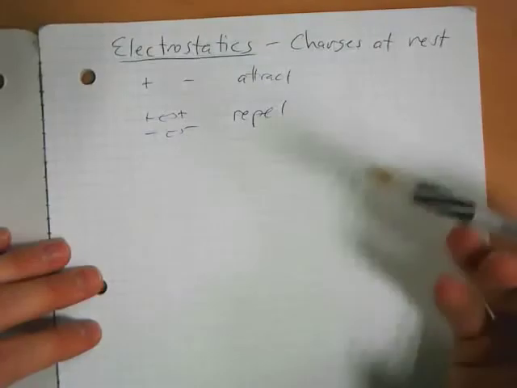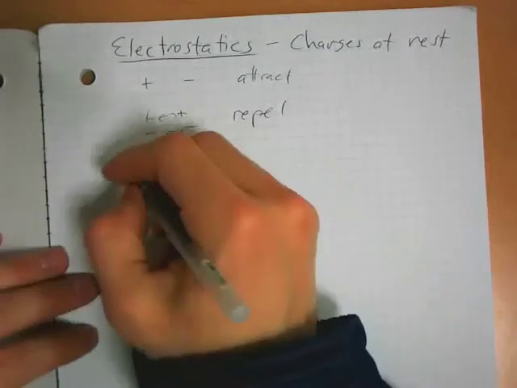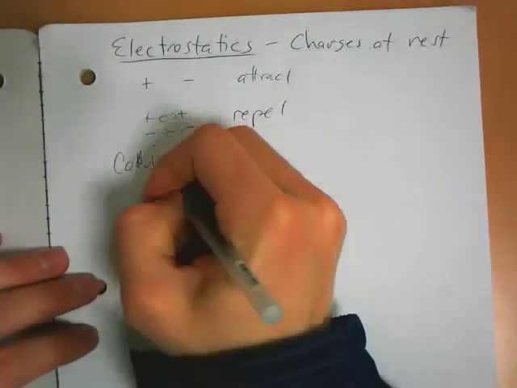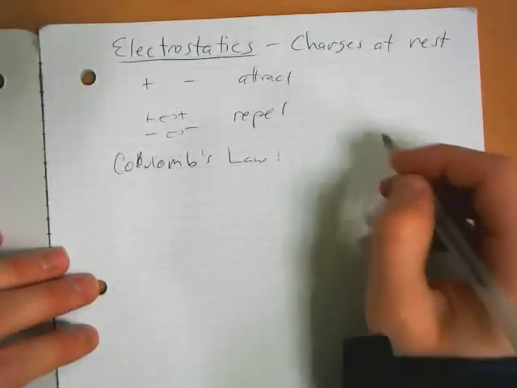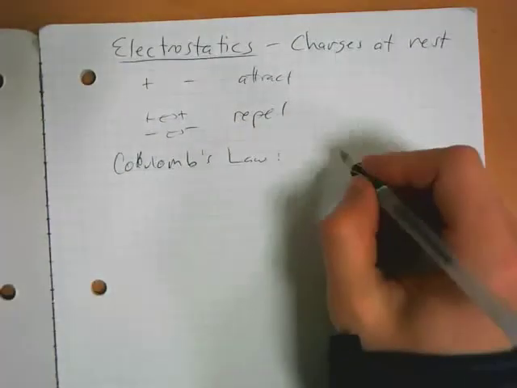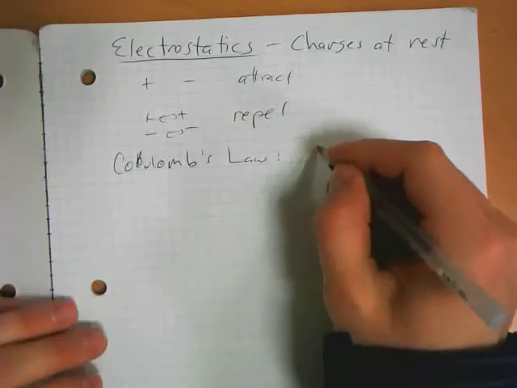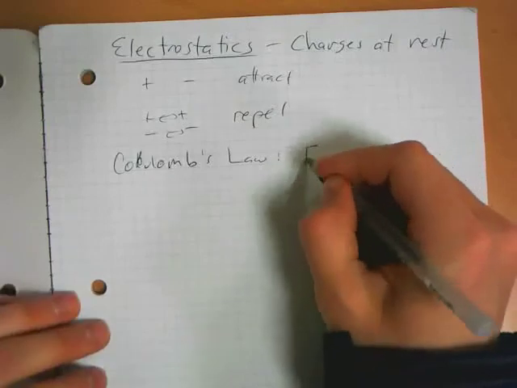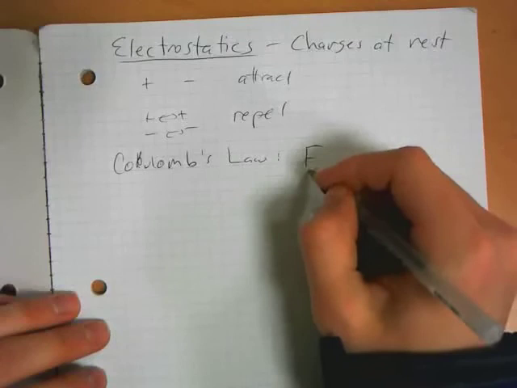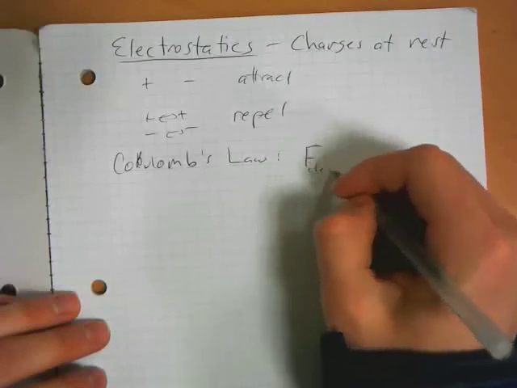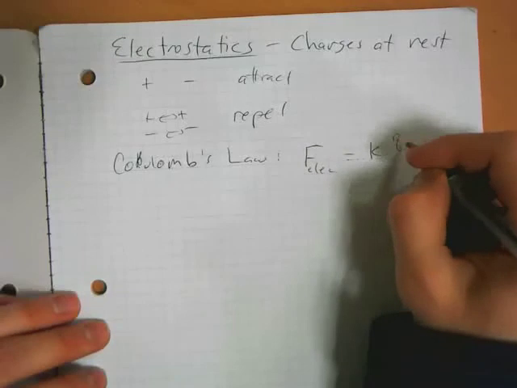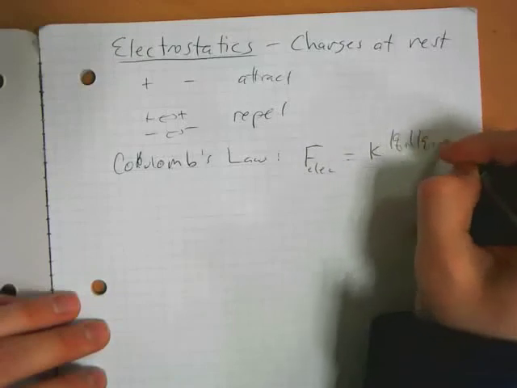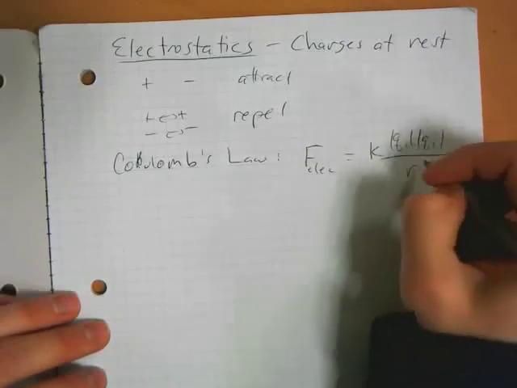Coulomb's law, and this is why he got the unit named after him, because he came up with this law, quantifies this force. It says that the force, the magnitude of the electric force, is equal to K Q1 Q2 over R squared.